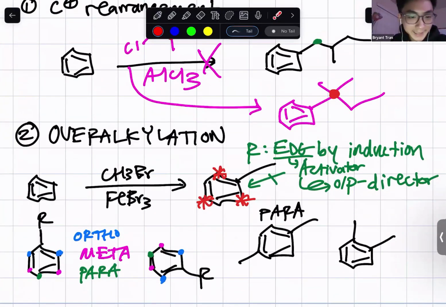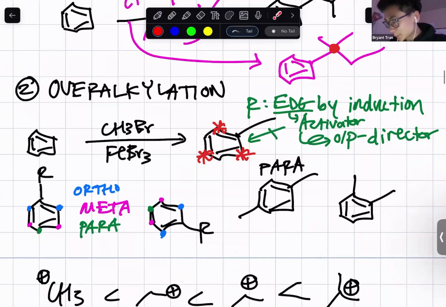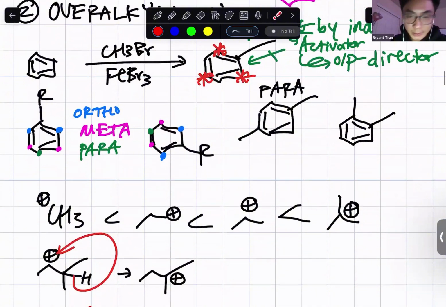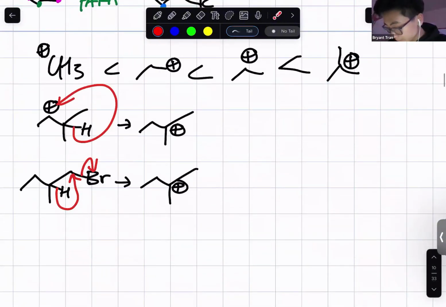There's only one position left: meta directing, right? And if they are meta directing, they're going to direct the electrophile meta to the substituent, meta to the EWG. But yep, that's the exception, halogens. Halogens are EWGs, but they are not meta directors. They are ortho-para directors. And I can explain that conceptually if you guys want to later.